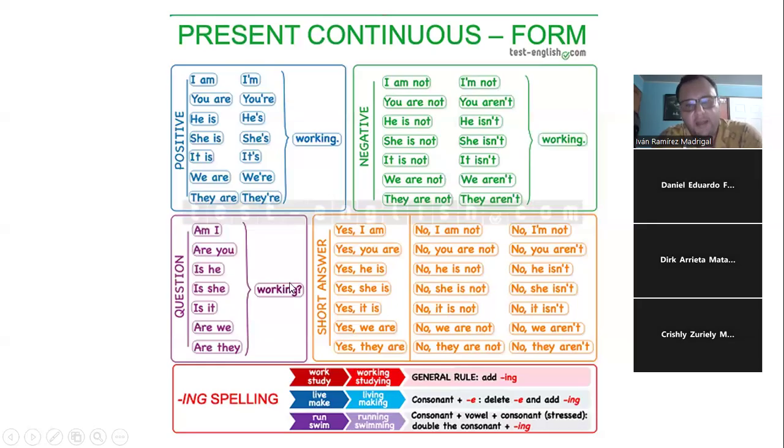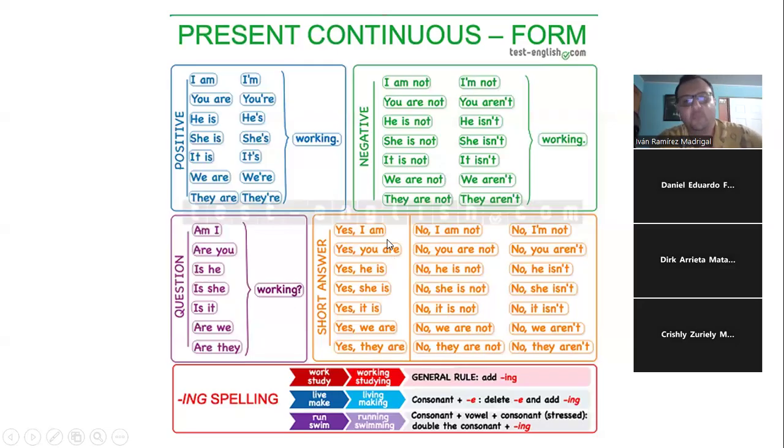Whenever we're writing questions, the form of be, the form that gives me the present, goes before the subject pronoun, name, or object, and the form of the ing verb comes after. Okay? These kind of questions, yes, no questions, are going to have answers in the simple present, right?